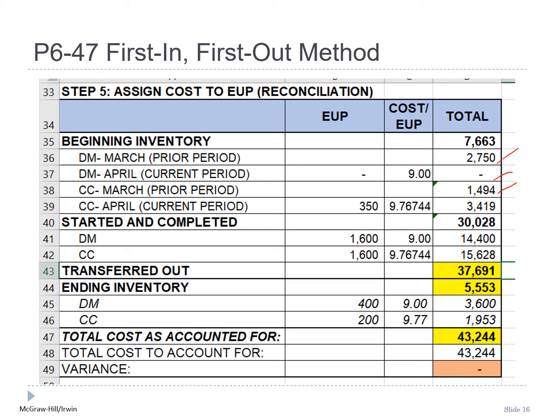So, lalabas, that's 3,419. So, in effect, if we add 3,419, yung na-incur ngayon, plus yung cost ng prior period, which is 1,494 tsaka 2,750, ang total cost ng beginning inventory natin is 7,663. Ayan. 7,663 siya.